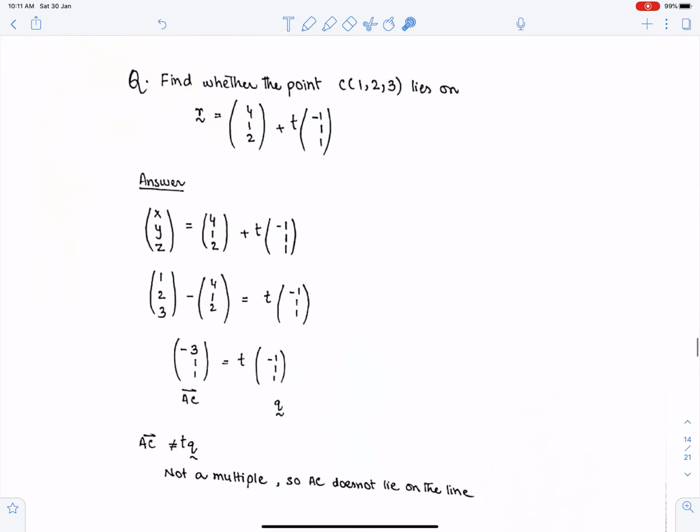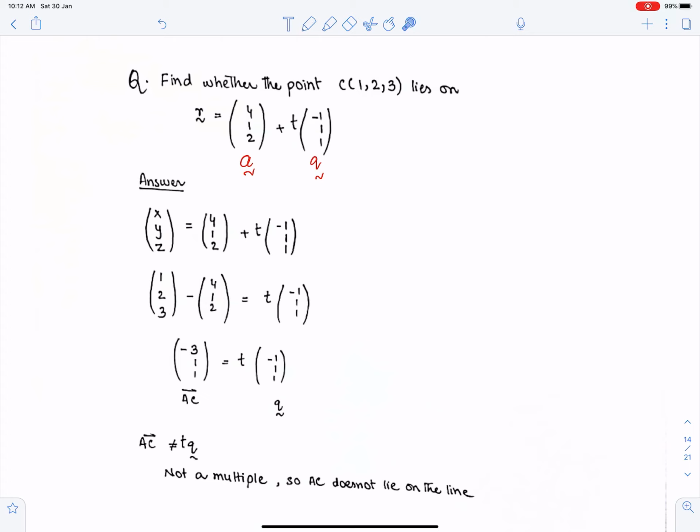Find whether this point C lies on this line or not. Let's suppose this point is A, and this is the direction vector. So first we need to find AC.